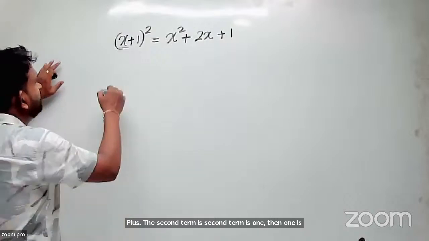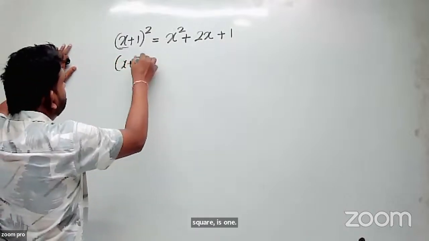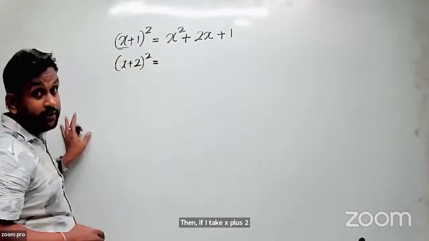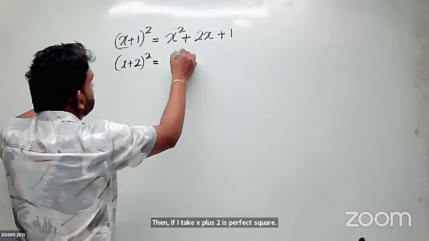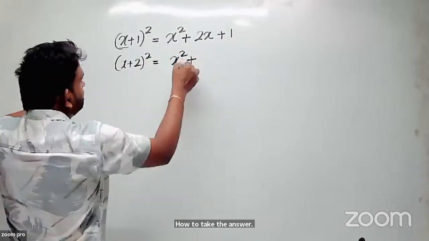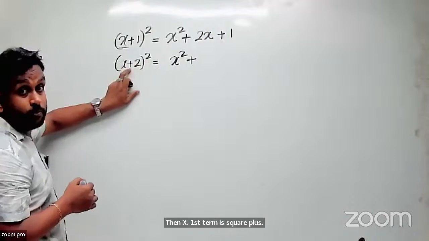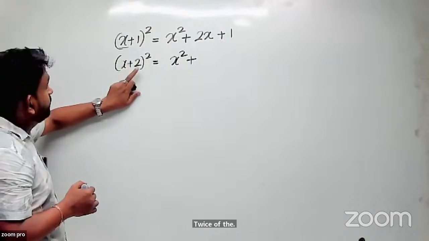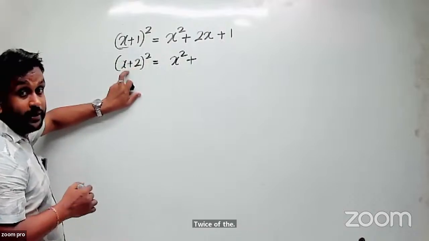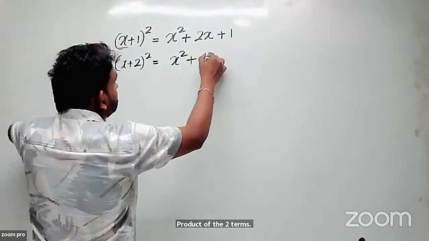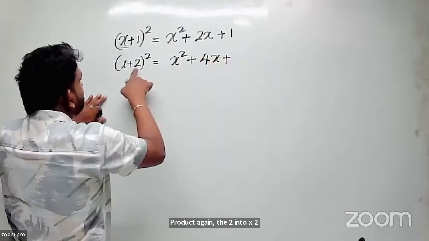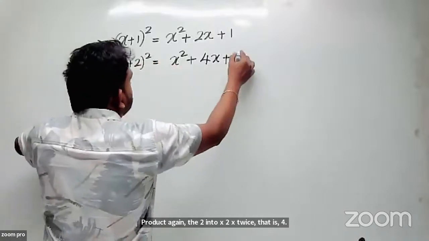Then if I take (x plus 2) squared, how do we get the answer? x squared, plus twice the product of the two terms, 2 into x, 2x twice, that is 4x, plus the second term squared, 2 squared is 4.